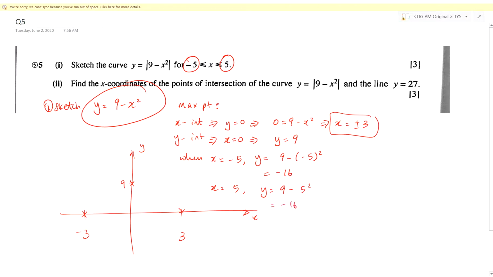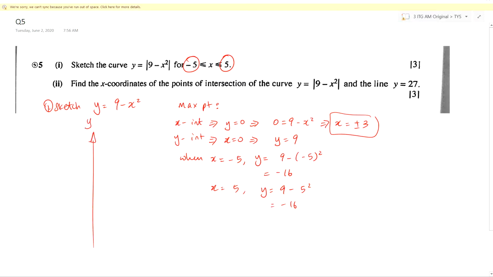Okay, so I'm going to just redraw my axis, everything over here. Y-axis, x-axis, negative 3, positive 3. I know that 9 over here is important. When it comes to 5 and negative 5, we've got negative 16. Okay, so 9 is here, negative 9 should be here.